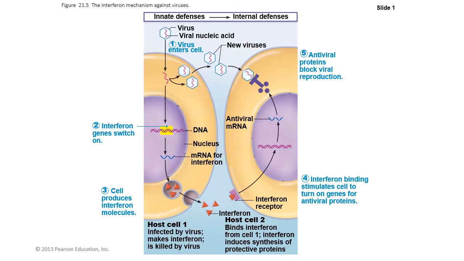So what does interferon do? Well, a virus, when it gains access into the body, is not a living thing. What it does is it attaches onto a cell, injects its DNA into the cell, and then the DNA inserts itself into your cell's DNA, and then you produce more viruses. That's the way the virus works.